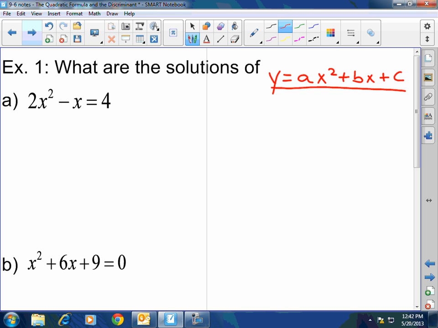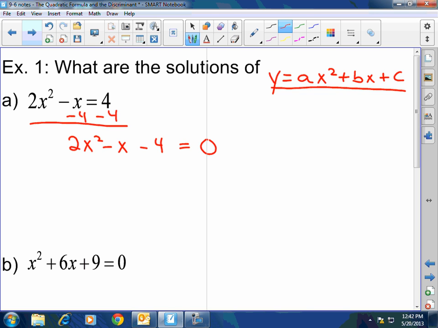So we're going to have everything together on one side, forming a trinomial. So I'm going to subtract 4 from both sides, and I've got 2x squared minus x minus 4 equals 0.